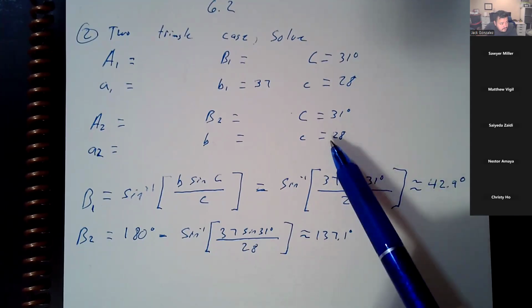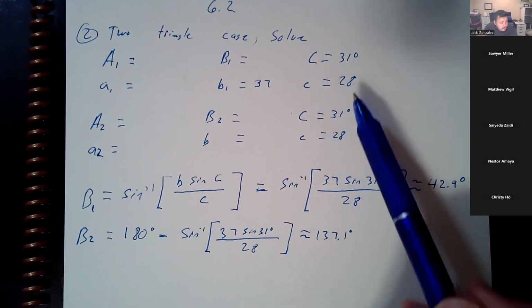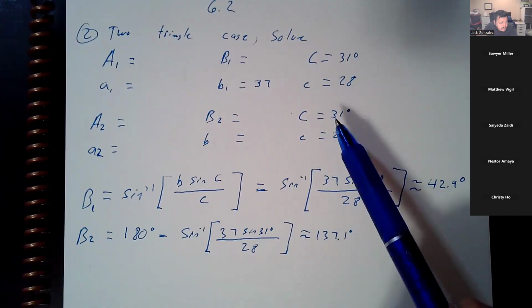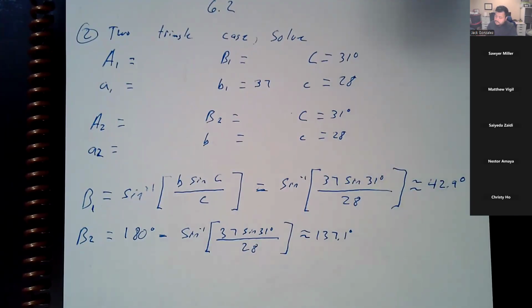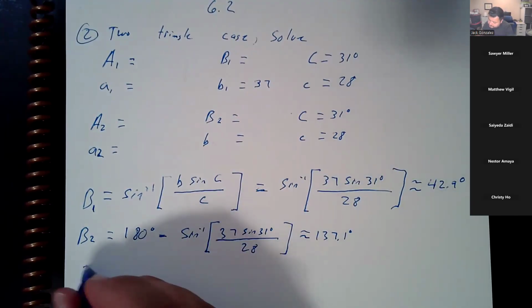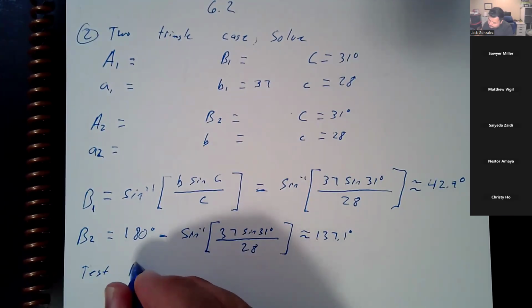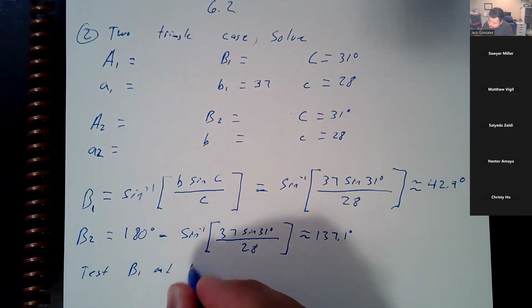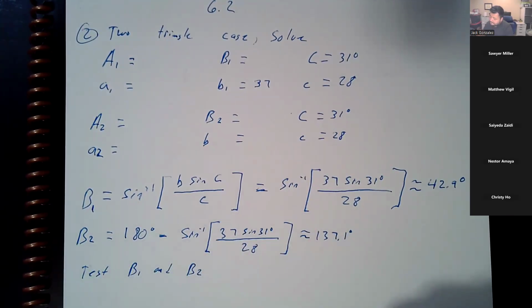Now I know it's going to happen, so I wrote this out. But let's pretend we don't know, and we want to test to see if there is. So test B1 and B2.